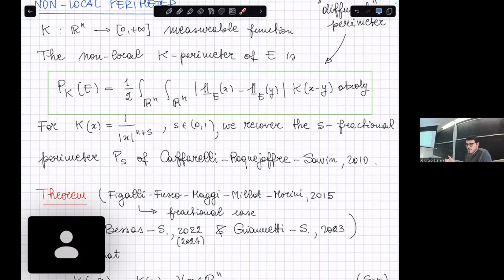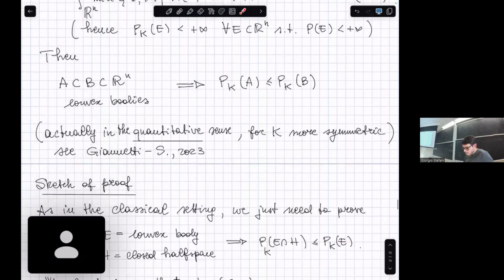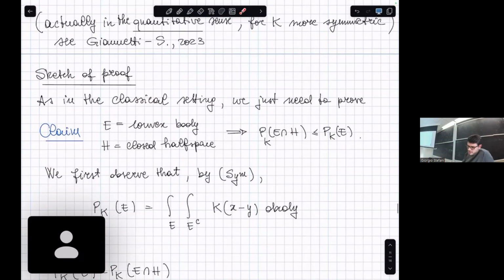You can apply Fatou's lemma, because this is non-negative, so you pass through the limit. You just need pointwise convergence, more or less. Okay, so we can just prove the monotonicity property a la Archimedes, slicing potatoes.